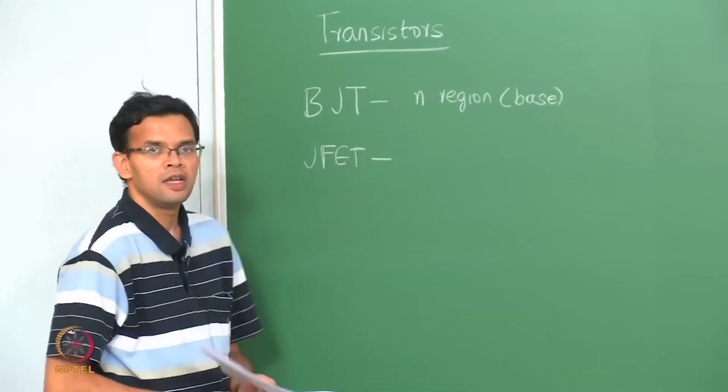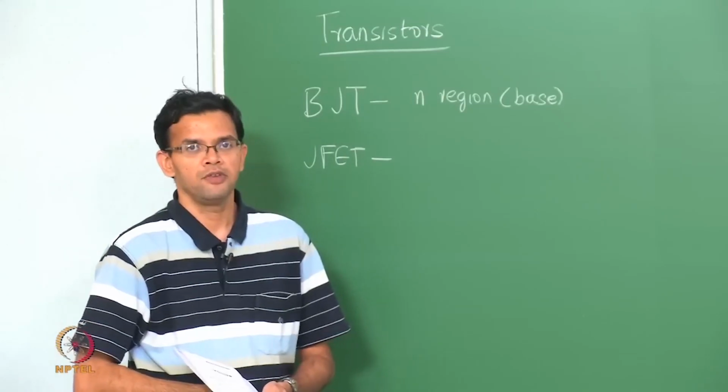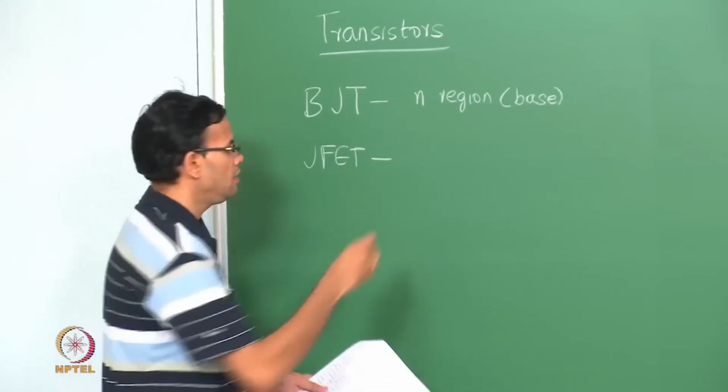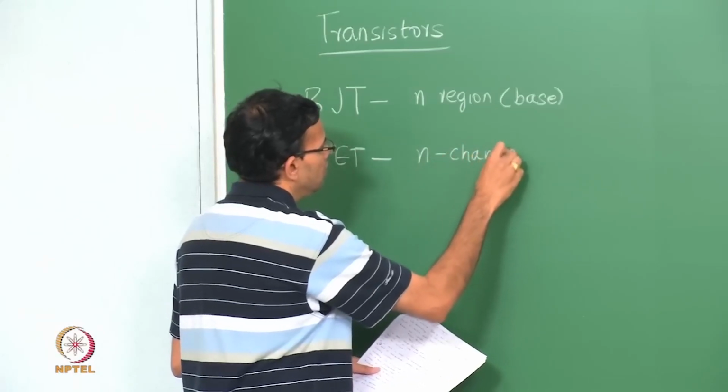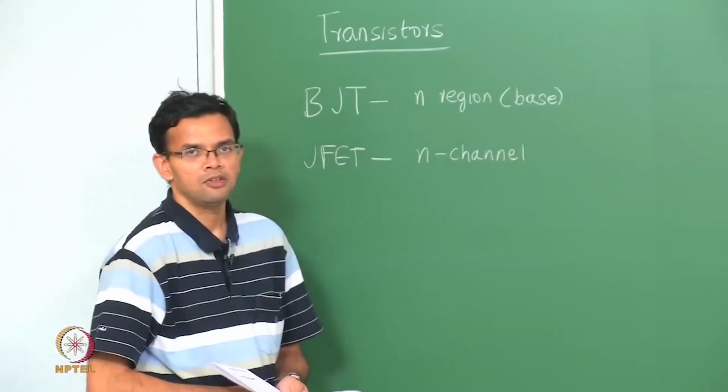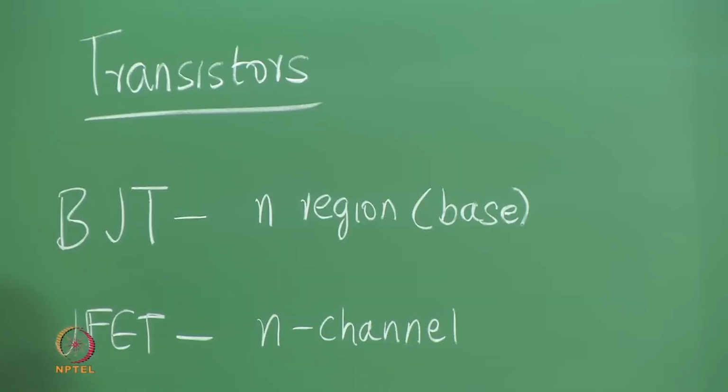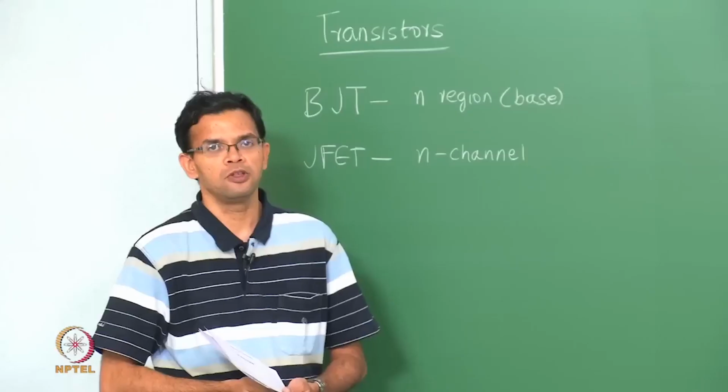JFET. In the case of a JFET, we already had an N channel and the width of the channel was controlled by applying the voltage to the P regions.